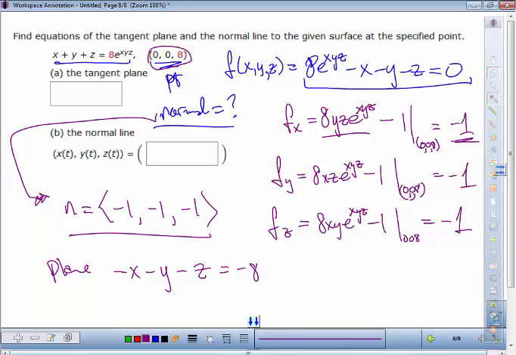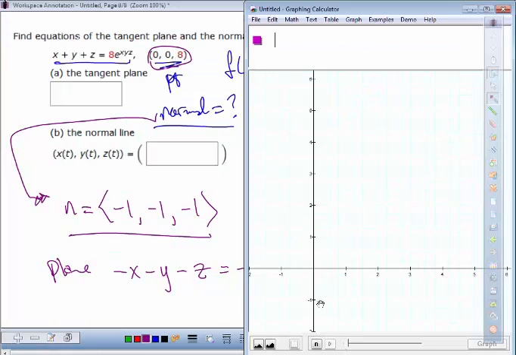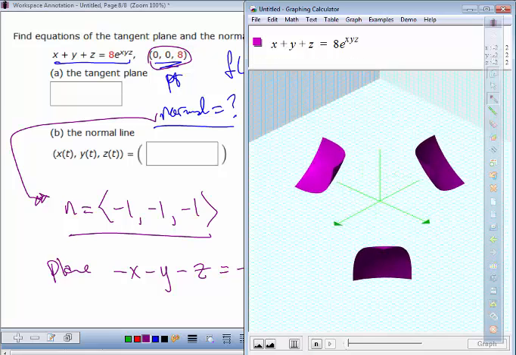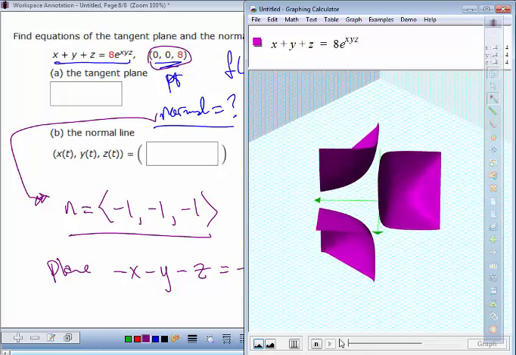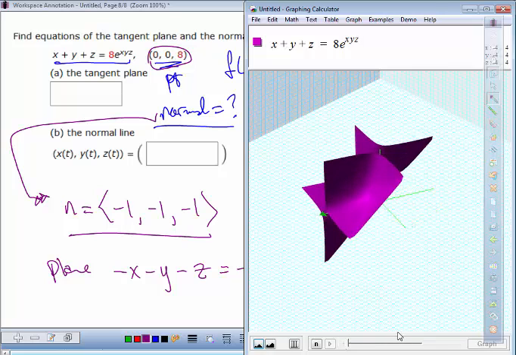Let's get a visual of this. We haven't seen too many graphs coming up lately, aside from my cool surface, right? That's all we've been seeing. So x plus y plus z equals 8e to the x times y times z. So that's how the surface looks.